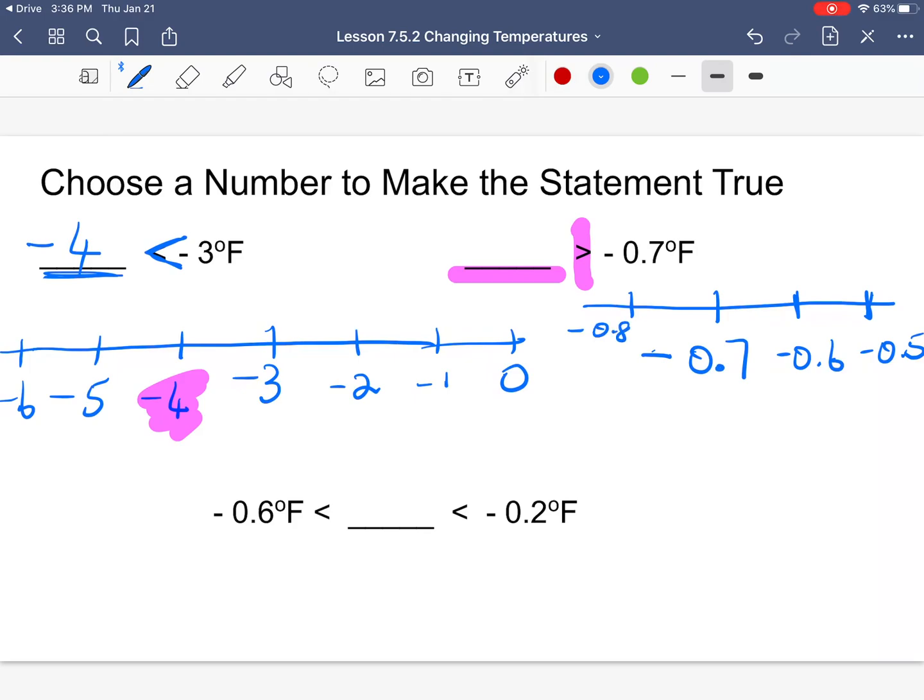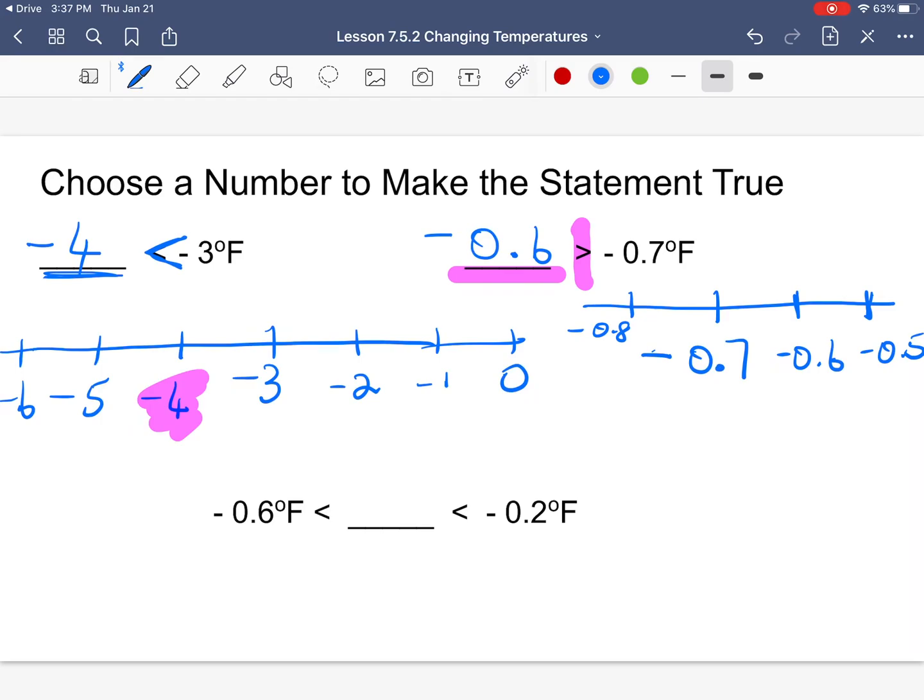We're looking for a number that's greater, so it's going to be on the right hand side of -0.7, so I'll say -0.6. You could choose -0.5, you could choose any positive number, 100, and all of those are greater than -0.7.